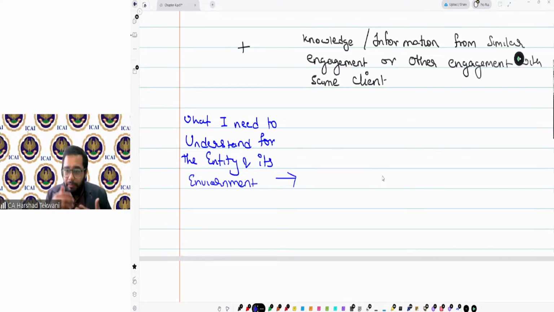But all that information which is there, what do I need to understand from that information? I told you that we need to understand the entity and its environment, but within the entity and environment, what do I need to understand? Understanding of what?